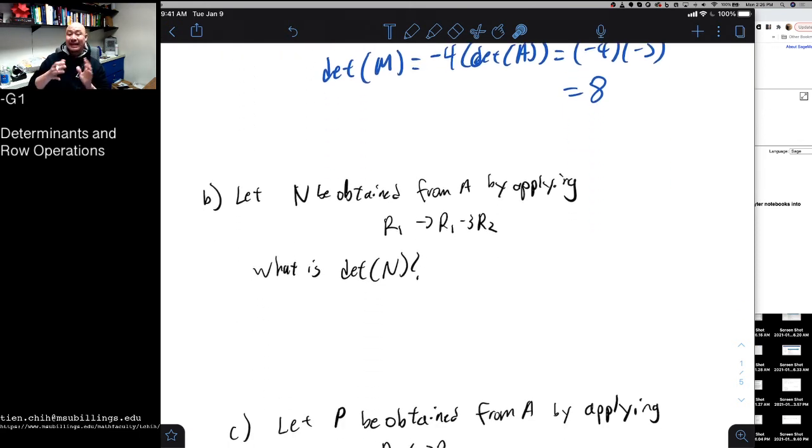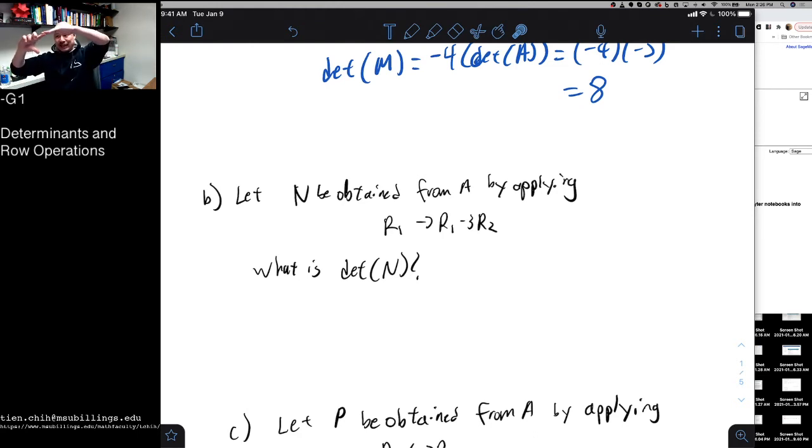So let N be obtained from A by taking R1 and replacing R1 with R1 itself, and from that we're going to subtract 3 times R2. And what's the determinant of N? So what I want you to now imagine is a parallelogram, and what we're doing now is we're shifting.